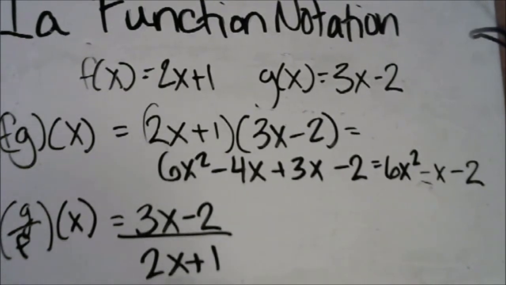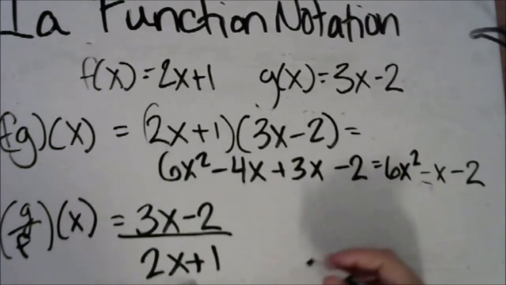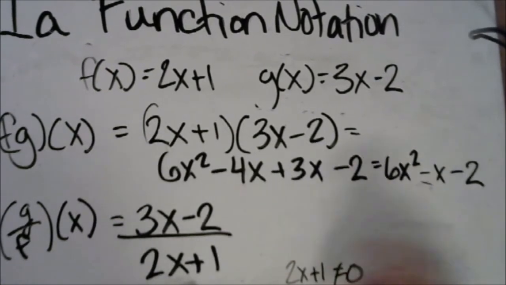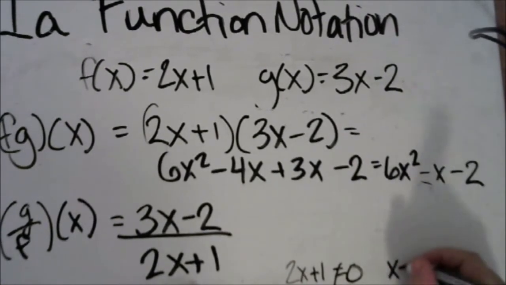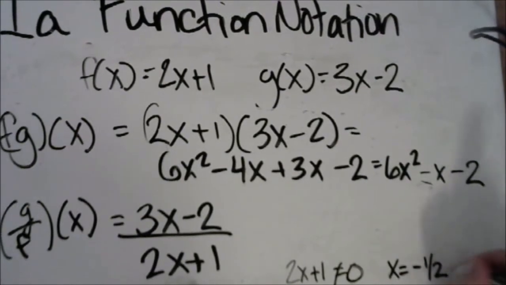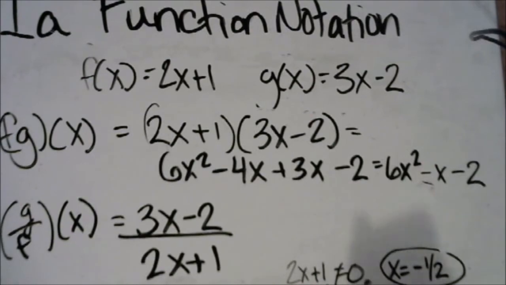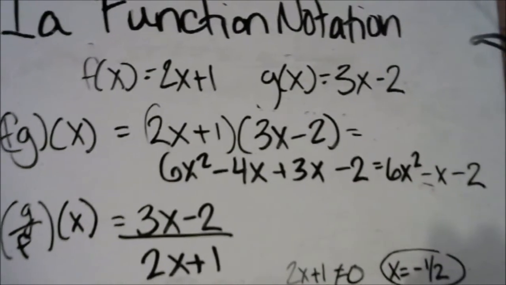But you do want to indicate that you understand the restricted domain when looking at a quotient. Denominators can't equal 0. So if 2x plus 1 cannot be 0, that tells me that x cannot be negative 1/2. To reach this solution, you simply solve the equation, minus 1, and divide by 2.